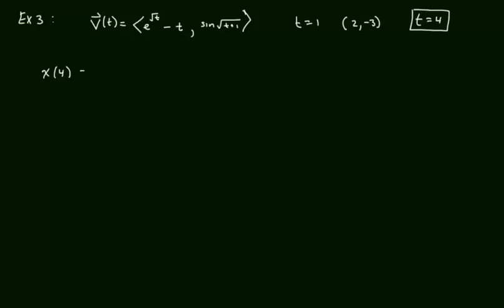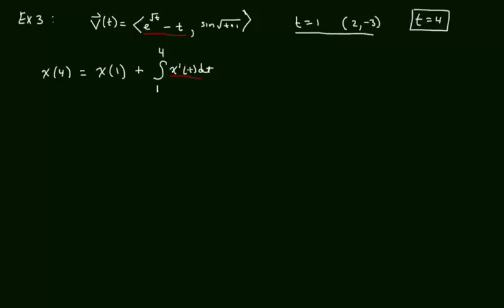The x component at 4 considers where do you start? Well, where does x start when time equals 1 using this condition, plus the displacement in the x, which is the integral from 1 to 4 of x prime of t dt. And of course the x prime of t is right here because it's the velocity vector.